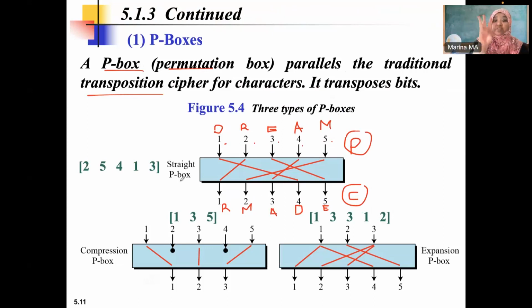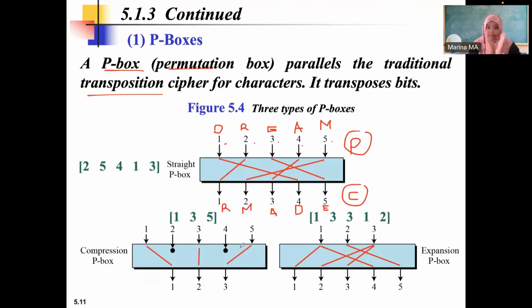There are 3 kinds of P box. I've just introduced to you straight P box. Why is it called straight? Because you have 5 characters in the plain text, so you produce the same size of ciphertext, 5 also. The other kinds are compression and expansion.